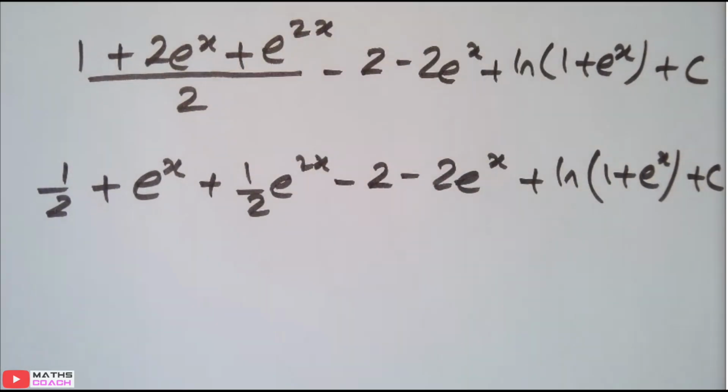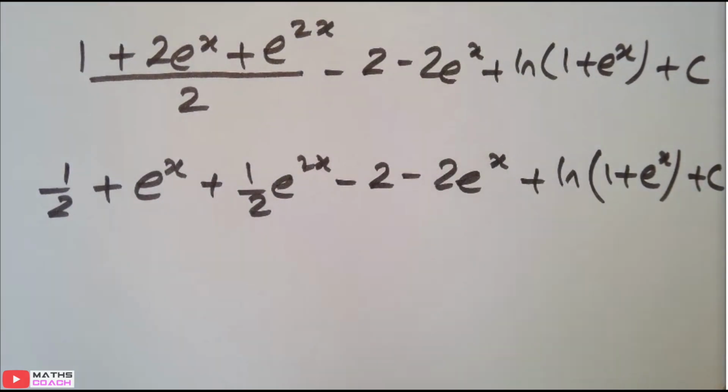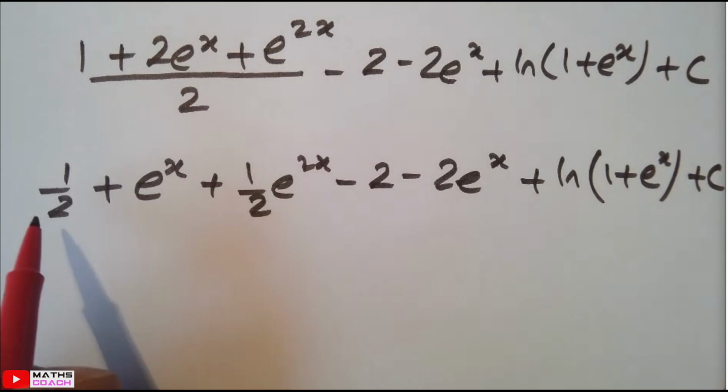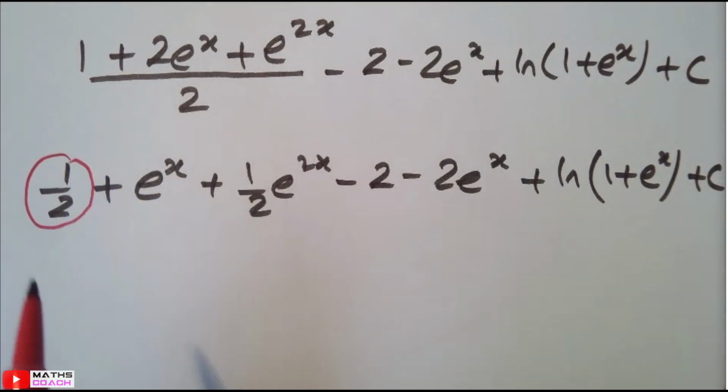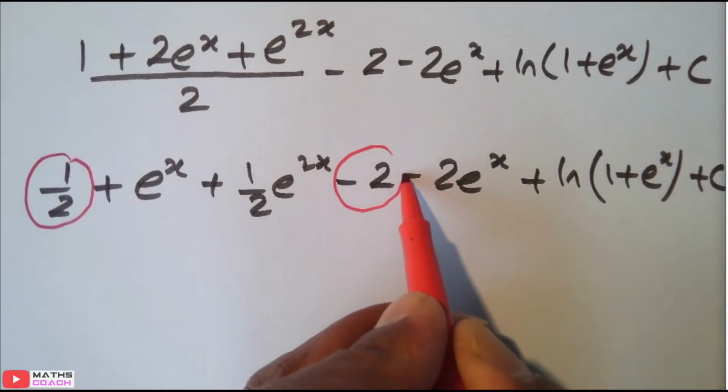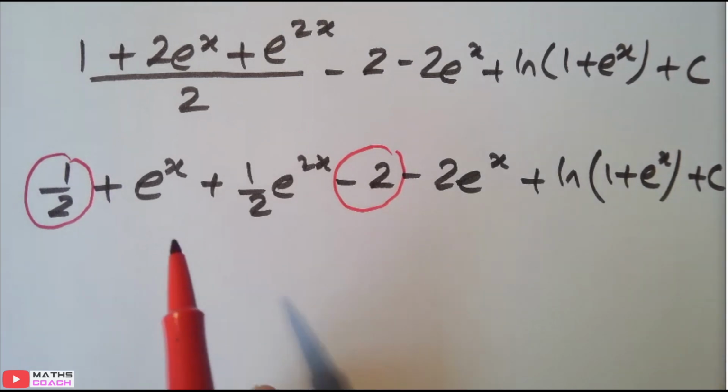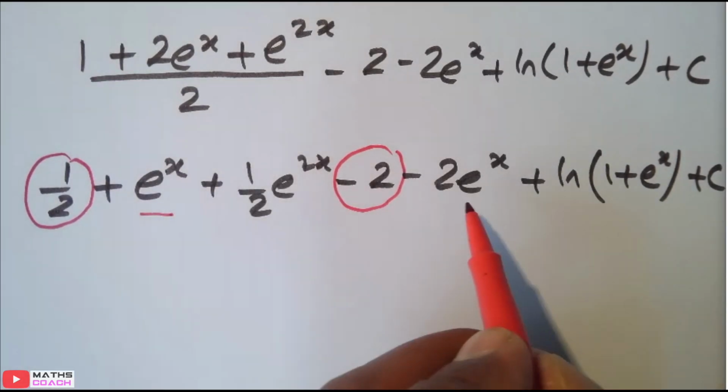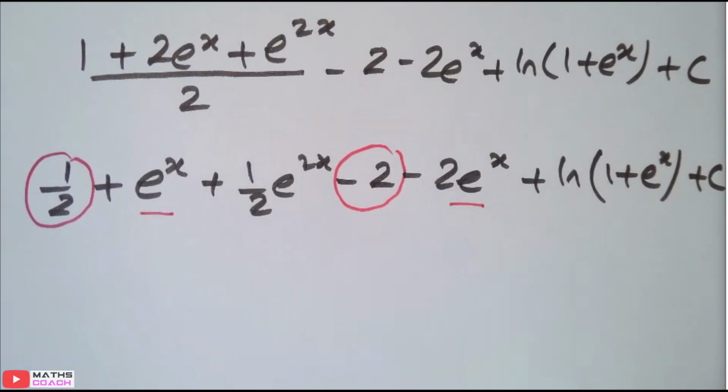So now look at trying to collect like terms. Let's slow down for a bit. We have a half there, a minus 2 there, and we have an e to the x there and a minus 2e to the x there. So we can at least condense that.